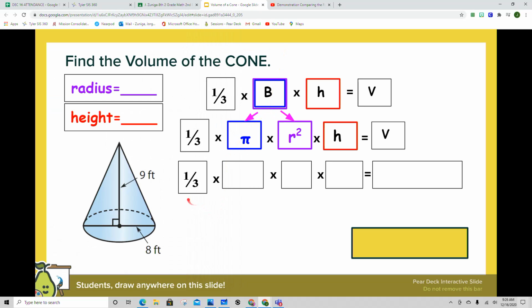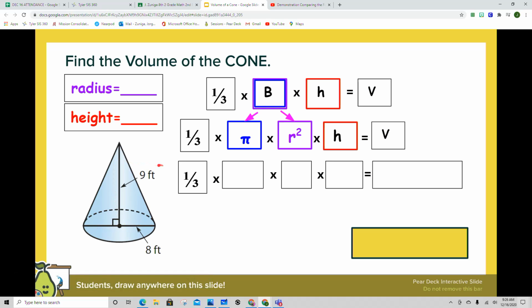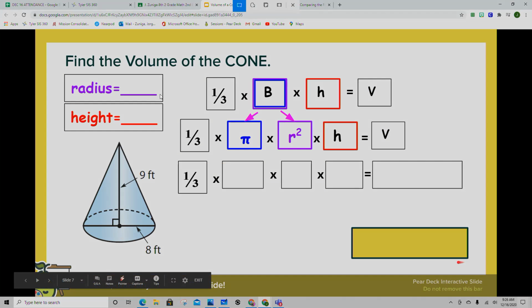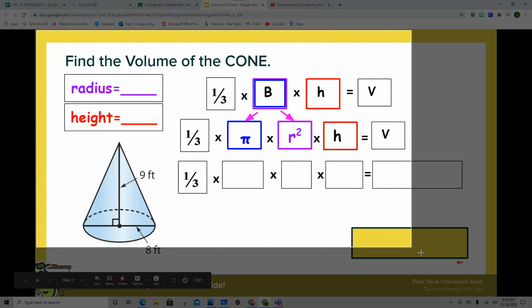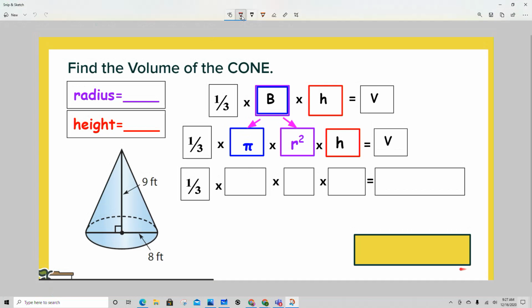All right, example number 2, find the volume of a cone. We see that the cone now has a diameter of 8 feet and a height of 9 feet. So before I get started, let me go ahead and take a screenshot of this. Okay, so I cannot use the diameter.